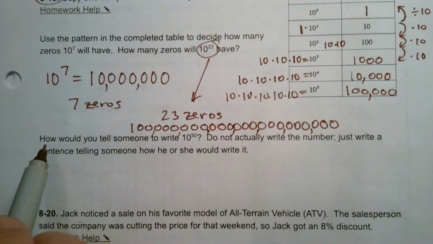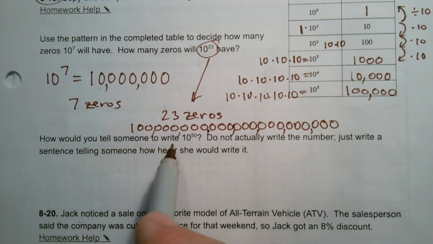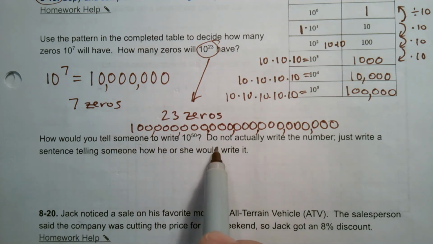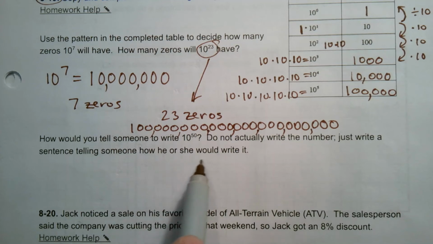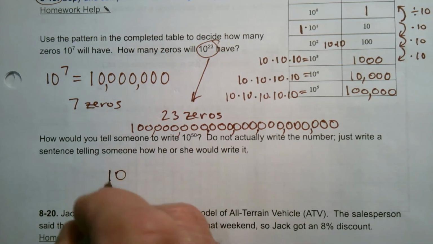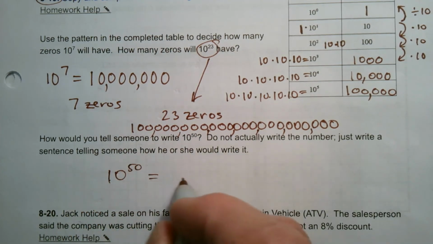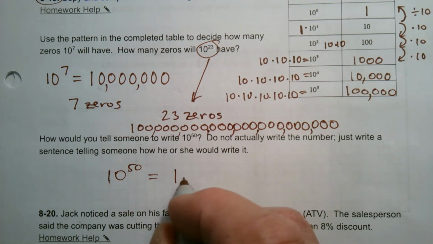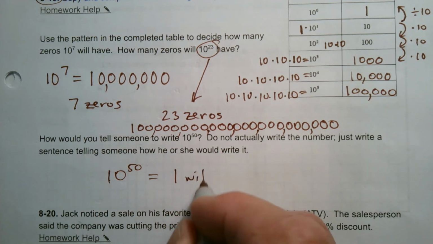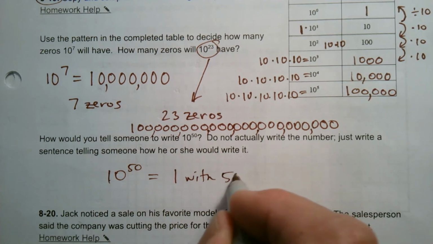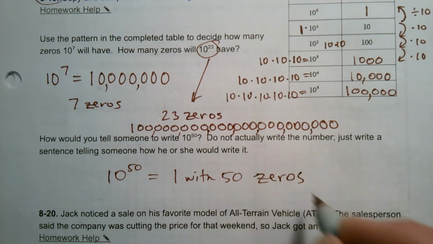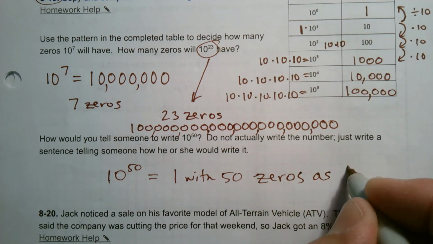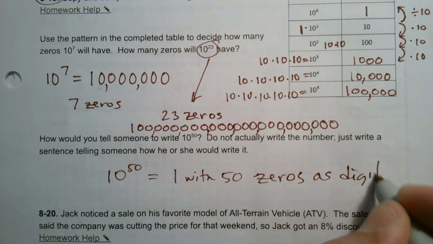Oh, I'm sorry, one more. How would you tell someone to write 10 to the 50th? Do not actually write the number, just write a sentence telling them what he or she would do. So 10 to the 50th, we would say, is equal to 1 with 50 zeros as digits.